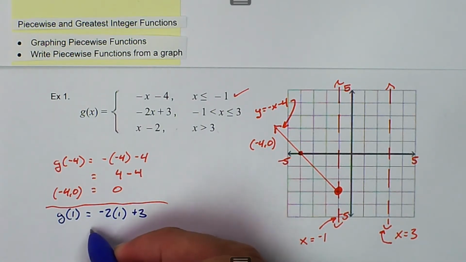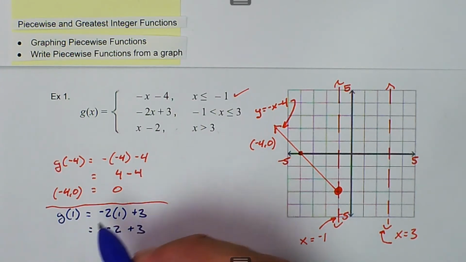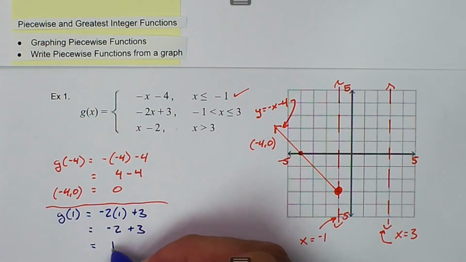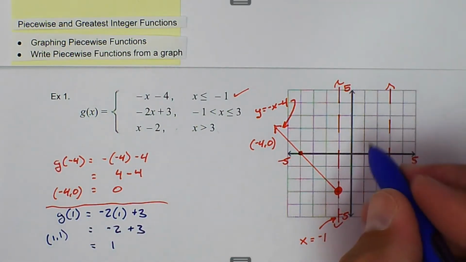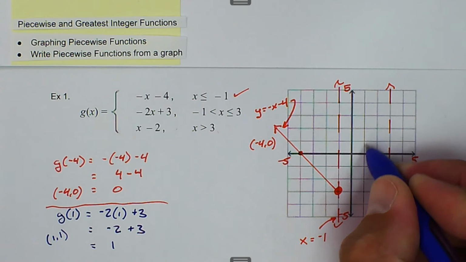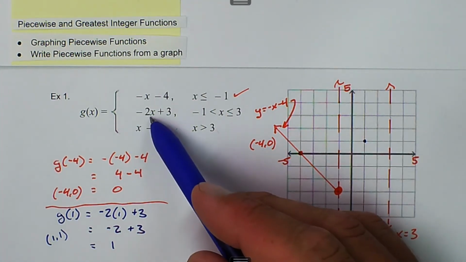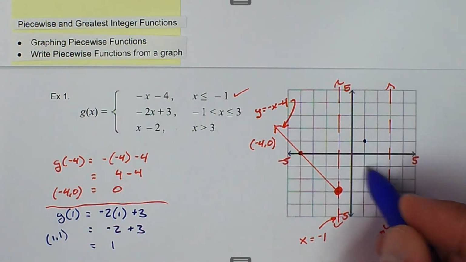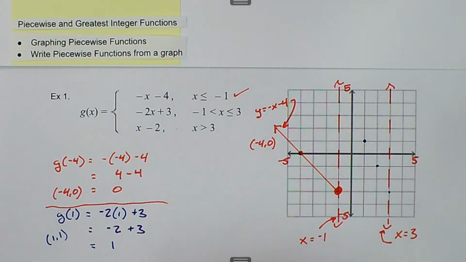So we get -2 plus 3, which is equal to +1. And so we get the ordered pair 1, 1. So over 1, up 1, we get a point right there. And we know that our slope is -2. So then we can go down 2 over 1, down 2 over 1, and we get there.